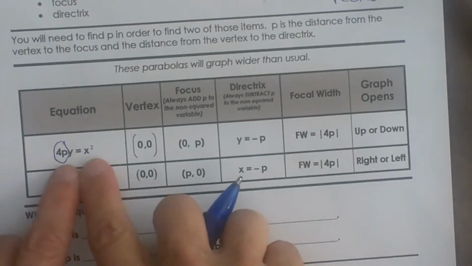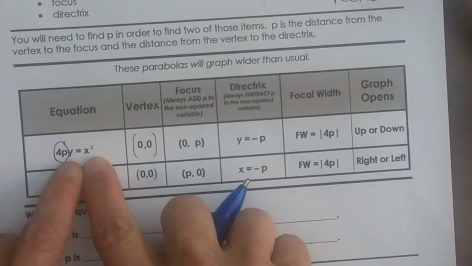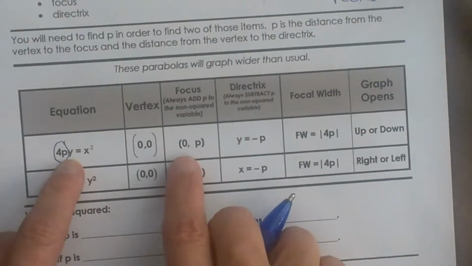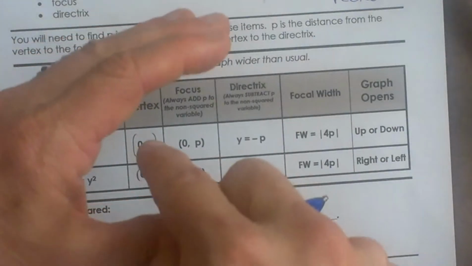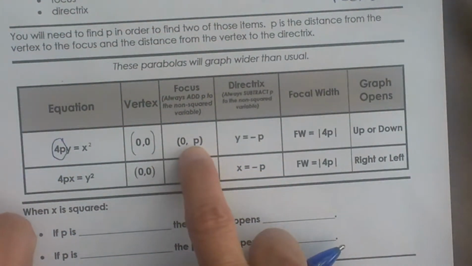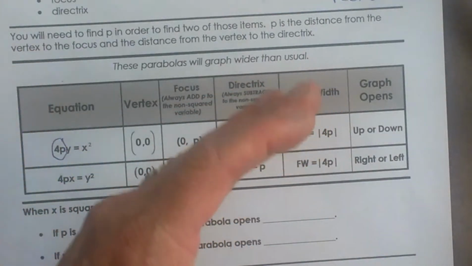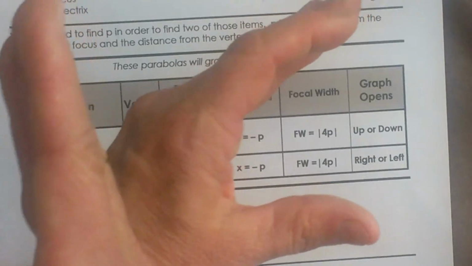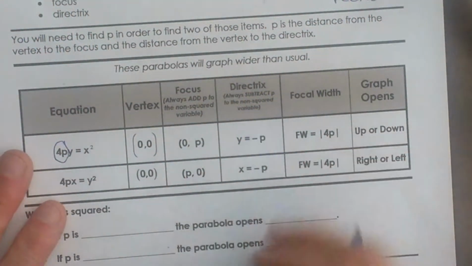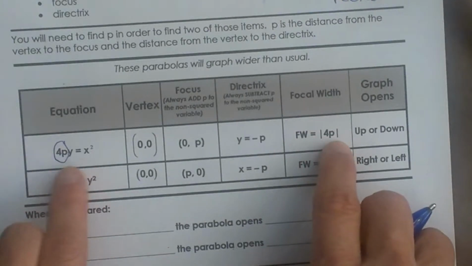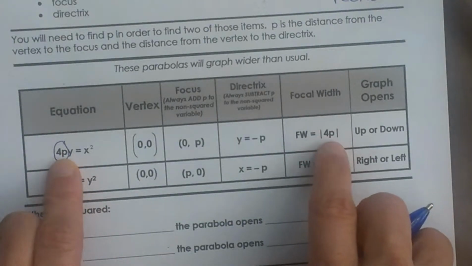Our vertex will be (0, 0). Our focus will fall inside the mouth, a length of p away. And then the directrix will fall outside the mouth of the parabola, so it's going to be out here at y equals negative p. And then the focal width, which is the latus rectum, is just 4p, so it's going to be the number we see in the equation.